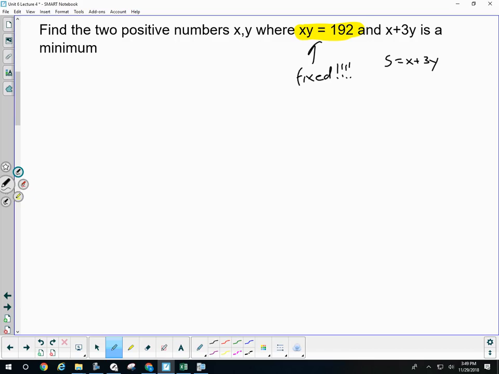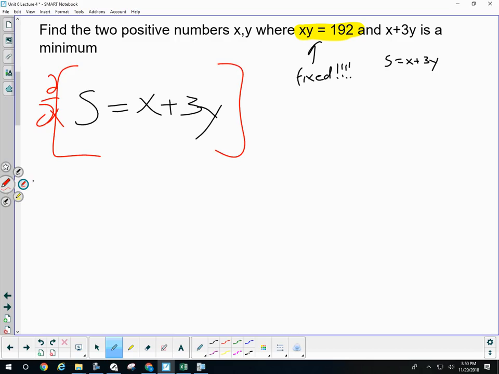So my goal is to take the derivative of s and set it equal to 0. But hold on. I got a bunch of variables. Don't I want to make this easier? What did I do in the related rates problems?